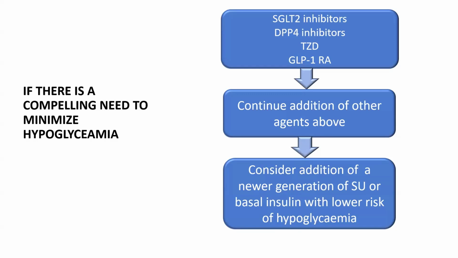These are the drugs that we generally say are best suited as second line drugs in this kind of patient. If it is still not controlled, you can continue addition of either of these. And if glycemic control is still not achieved, then you can consider the addition of a newer generation of insulin, or a basal insulin with a lower risk of hypoglycemia.